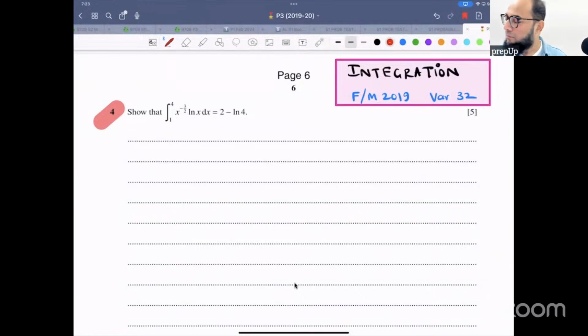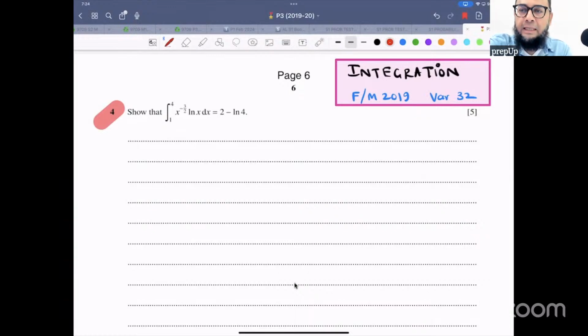So now we are starting with the midterm revision series for P3, and the focus is on differentiation and integration. I have highlighted some nice questions from the year 2019.